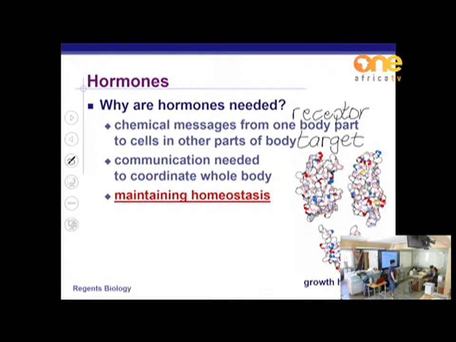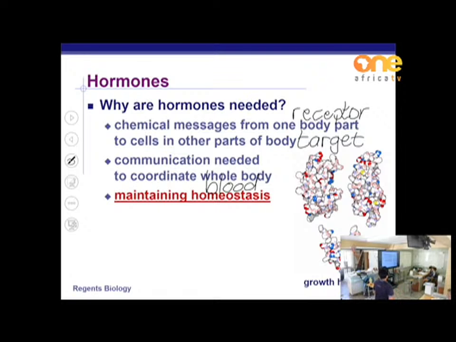So it's a chemical messenger that is moving from a receptor organ to a target organ. And it's communicating with the body, receptor cells, sometimes it's a receptor organ, but normally it is safe to say there's cells that is receiving the change.